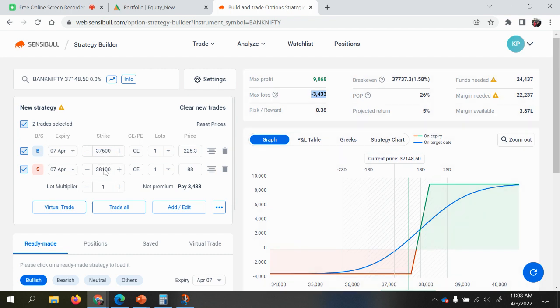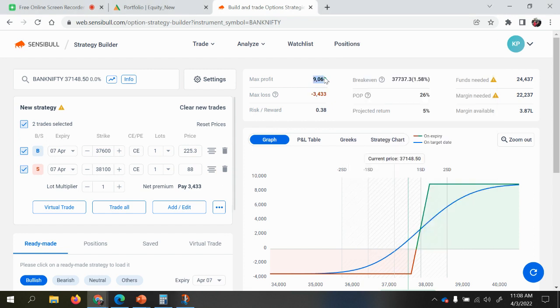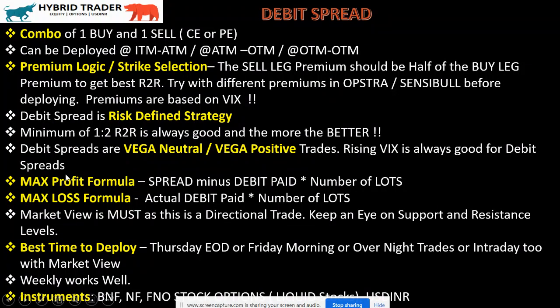So 500 minus your debit paid, close to 137, into the number of lots. We are trading only one lot of 25, so that would be about 9075. It's almost matching your maximum profit. So friends, this is the way to calculate maximum profit and maximum loss: spread minus debit paid into number of lots. Maximum loss is the actual debit paid into number of lots.